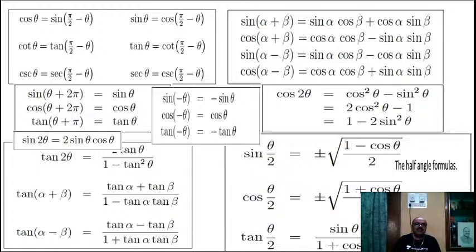For example, sine for 90 changes to cos. Cos for 90 changes to sine. Tan changes to cot and cot changes to tan. Secant changes to cosecant, cosecant changes to secant. This is what you are seeing in the first box.